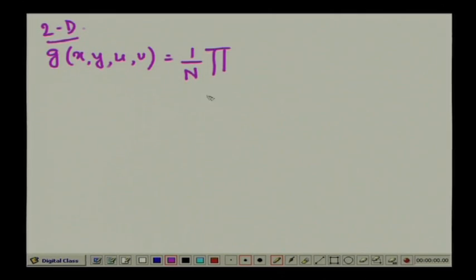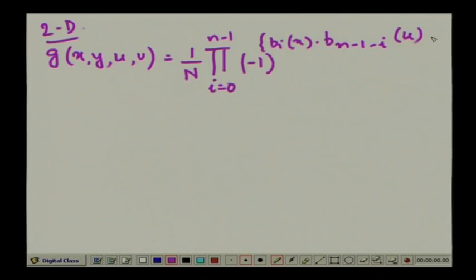Now, in case of a two dimensional signal, we will have the transformation kernel g(x, y, u, v) equal to 1 upon capital N product i equal to 0 to lowercase n minus 1 of minus 1 to the power b_i(x) into b_(n minus 1 minus i)(u) plus b_i(y) into b_(n minus 1 minus i)(v).